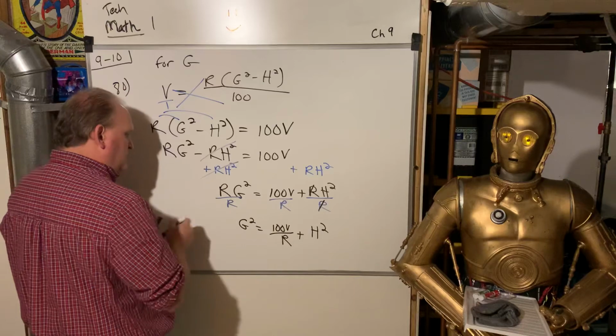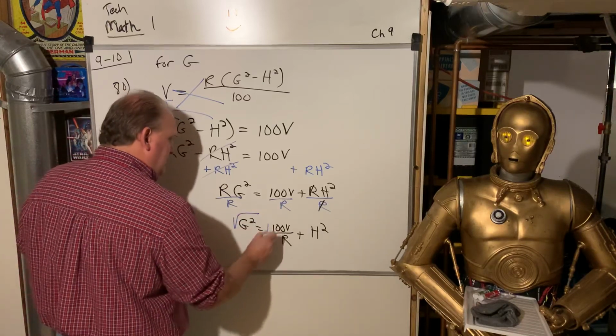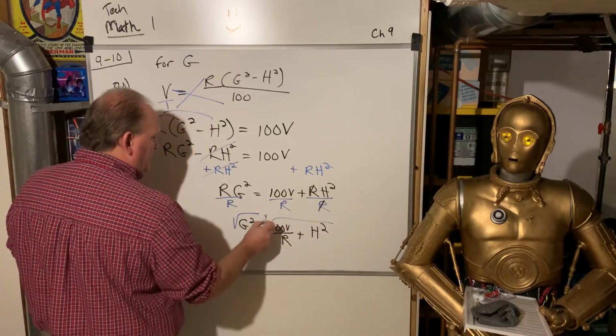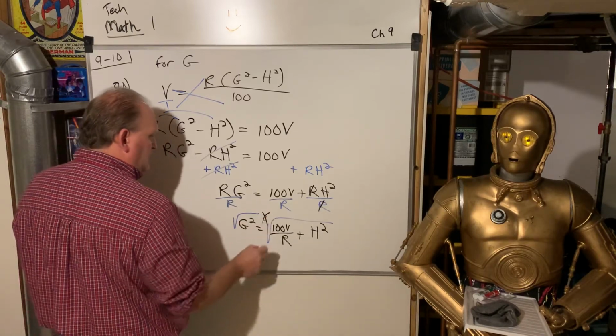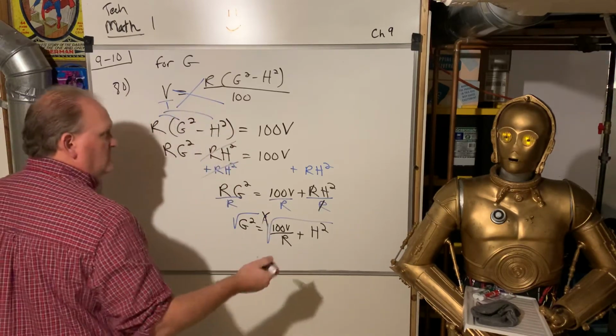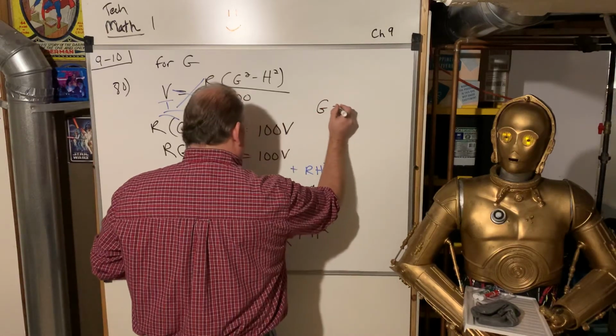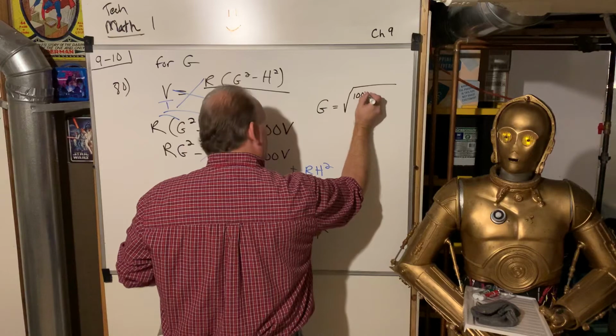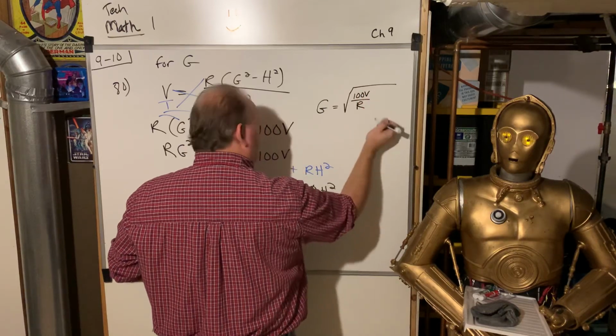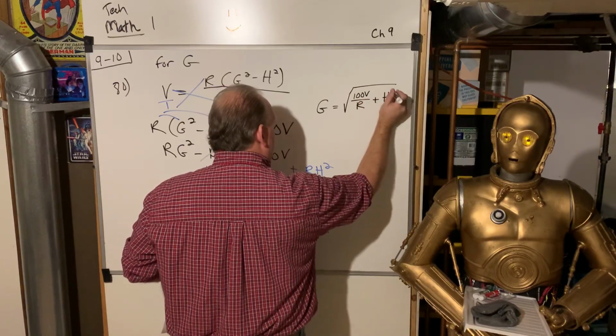And now we do the square root of both sides. I'll sneak in my little plus or minus, but I'm going to cross it off just as quickly because they're only talking about the positives. So g is equal to the square root of 100v over r plus h squared.